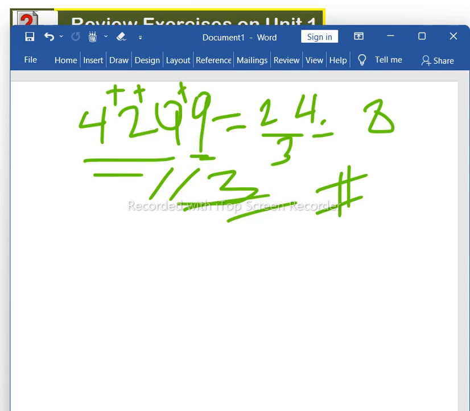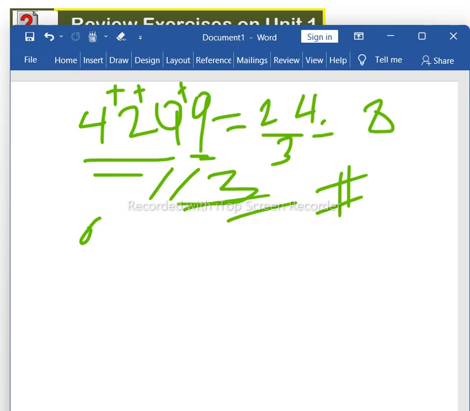It is only divisible by 3. A number is divisible by 6 if it is divisible by both 2 and 3. Again, not divisible by 8 because the last 3 digits of this number are not divisible by 8.